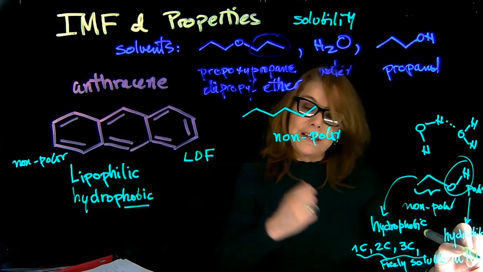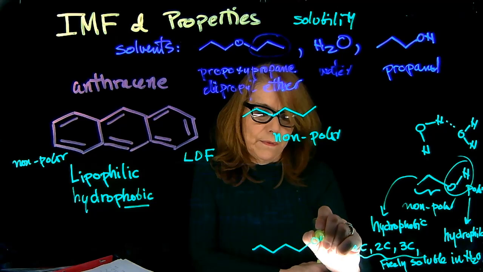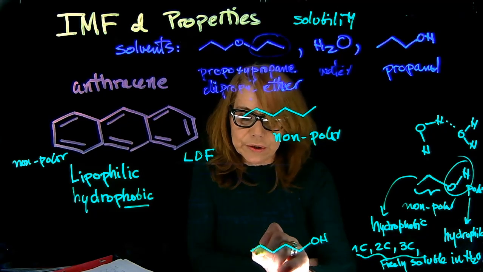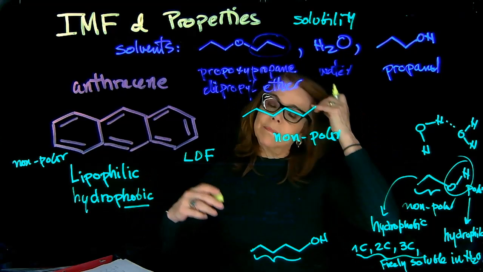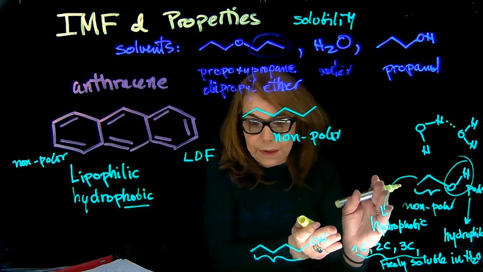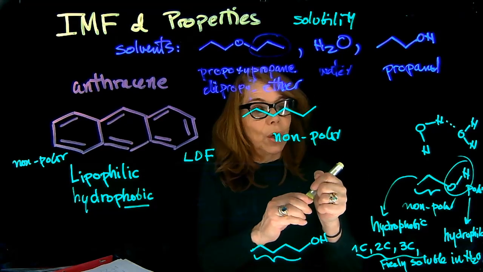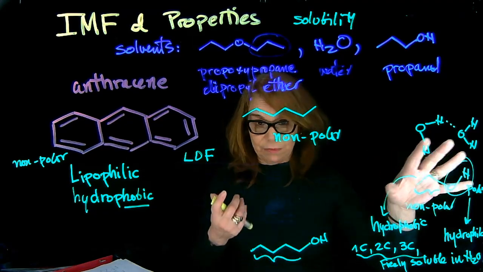As you increase the carbon chain, now the hydrophobic portion, the part that is nonpolar, becomes larger and larger. So there is more of this than polar. So there's no compensation here. I don't have as many chances of hydrogen bonding relative to that.